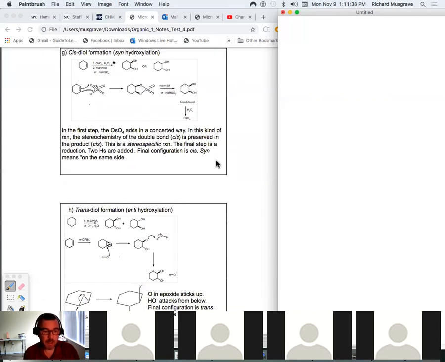Depending upon the kind of reaction you're doing, or the reagent you use, you can end up with a cis diol or a trans diol. To get a cis diol, we use this wonderful compound called osmium tetroxide.